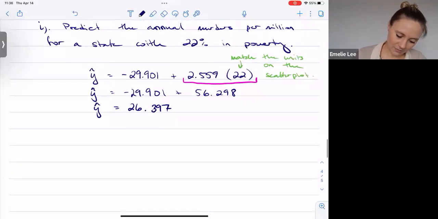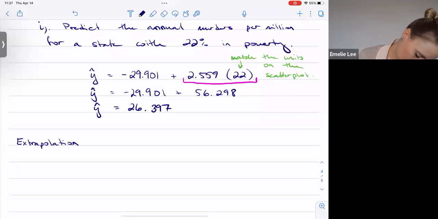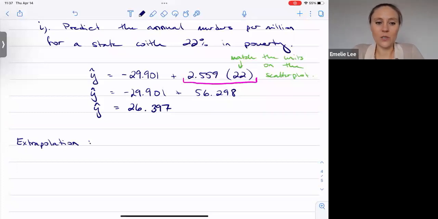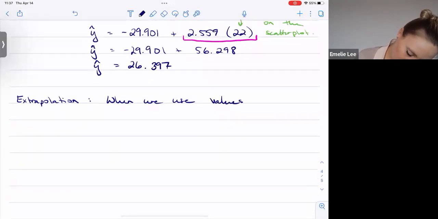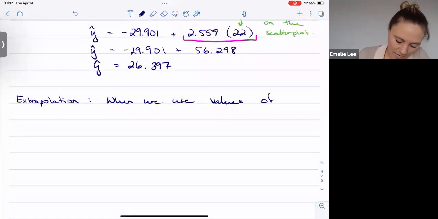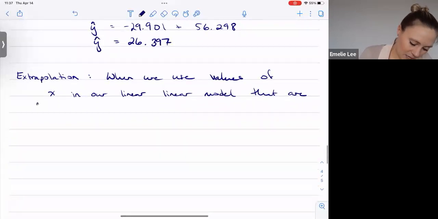Extrapolation. When we use the line, the linear model, to predict using values of x in our linear model that are, I'm going to say, far outside the range of our data.